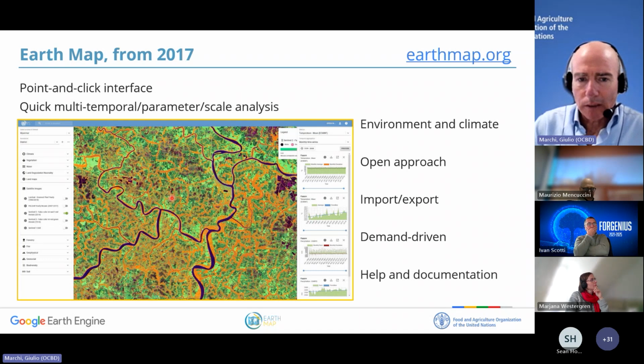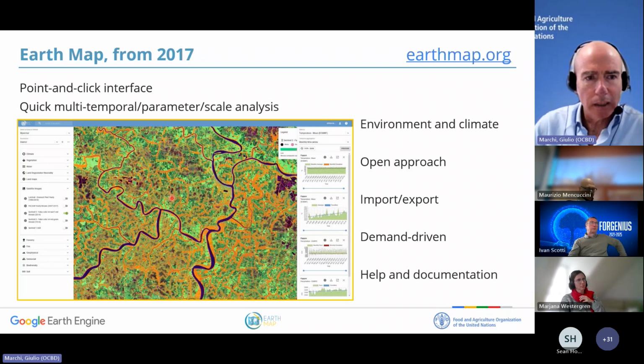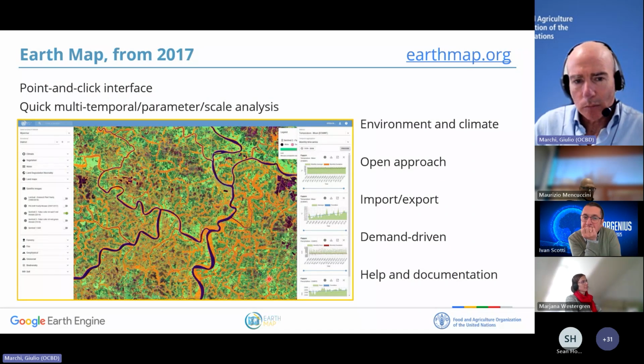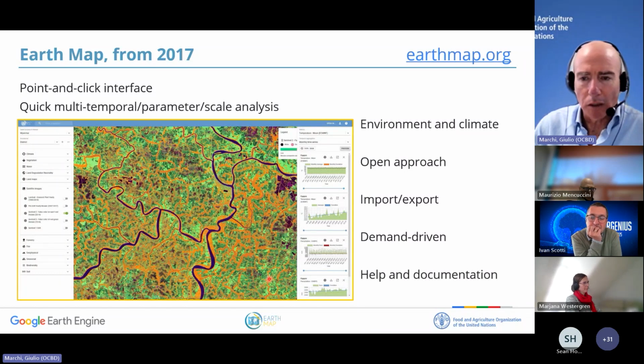This allowed us to also support several large project designs, both for the Green Climate Fund and for the World Bank, and so on. The whole interface is based on Earth Engine. The data come either from Earth Engine or from other available sources that we found around and included into EarthMap.